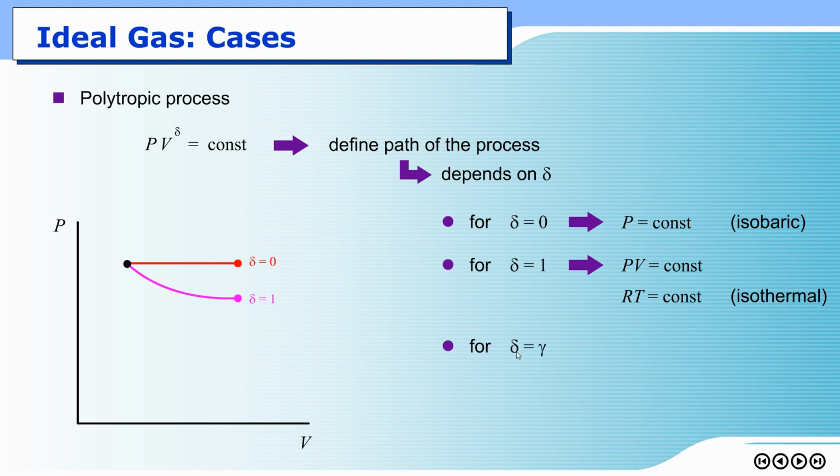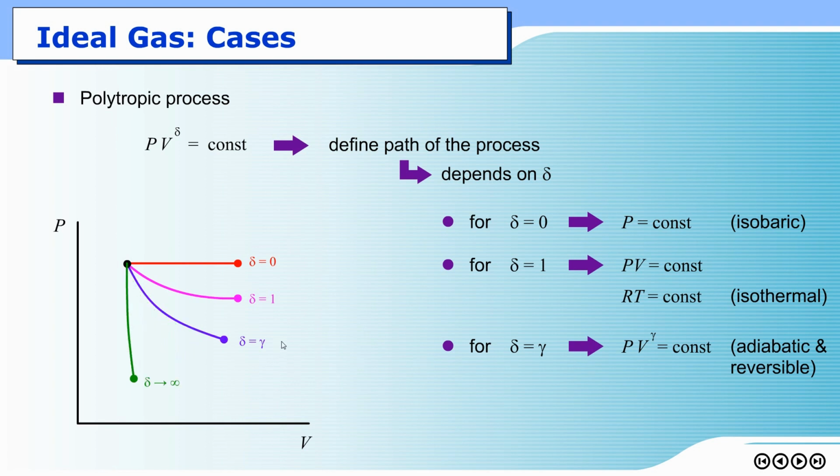For delta equal to the heat capacity ratio, you end up with the equation that was previously mentioned for the adiabatic reversible process. Okay, when you plot, you end up with a nonlinear function like that.